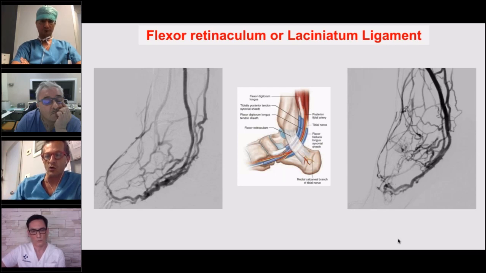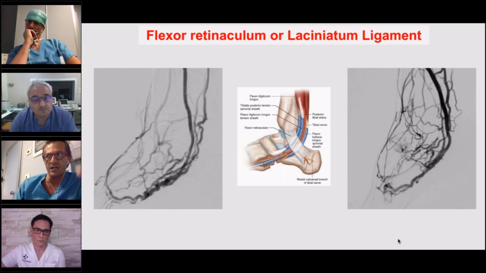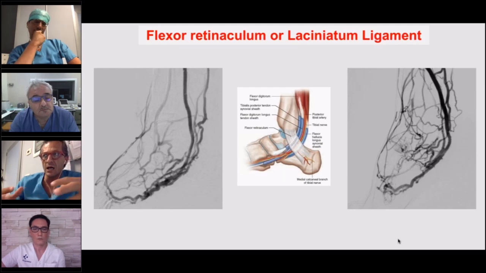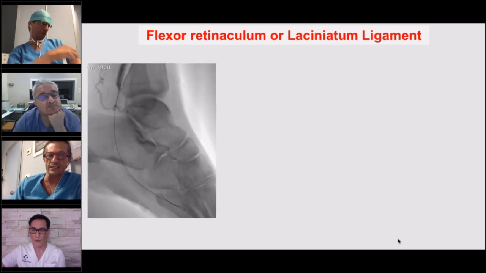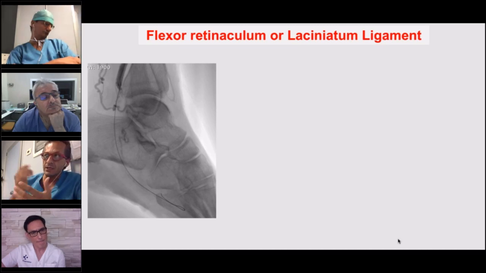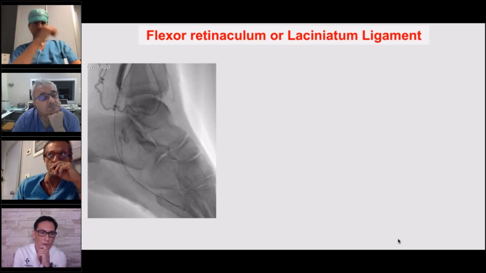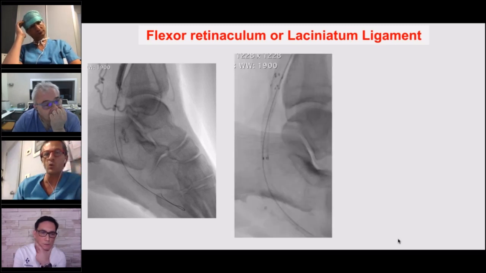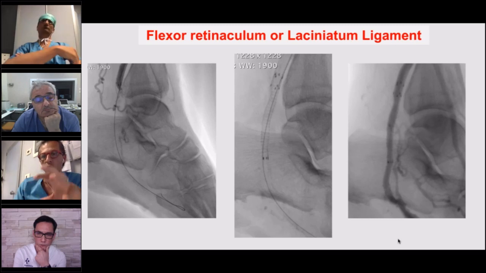Based on this compression, we understand why the deep plantar level and the deep plantar vein are enlarged and dilated and look like a venous lake. In some cases the compression due to this ligament is very high and stops the flow into the foot. This is the reason why now in many patients we extend the stent across this ligament, in order to improve our flow into the foot.